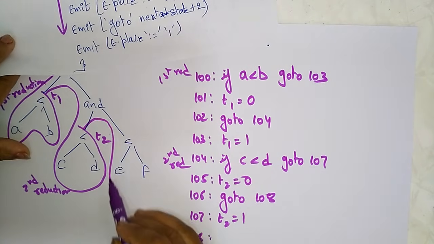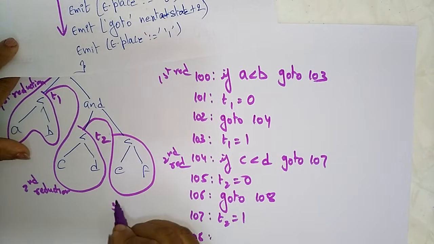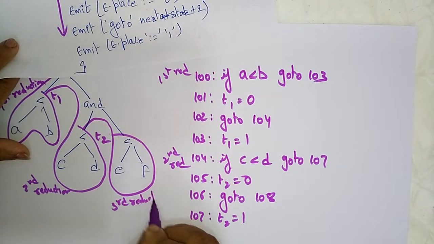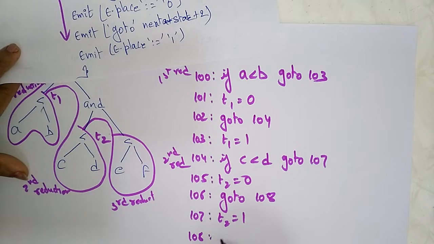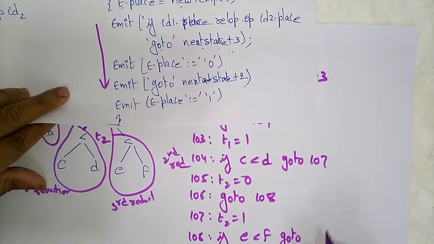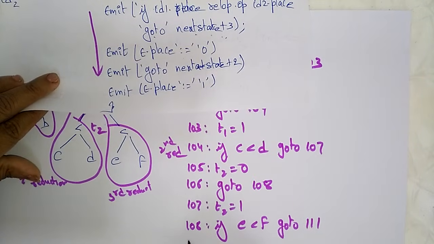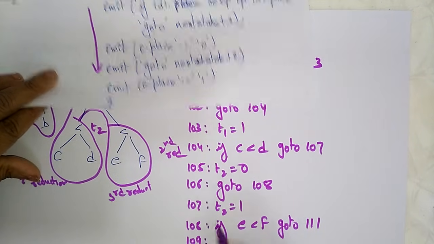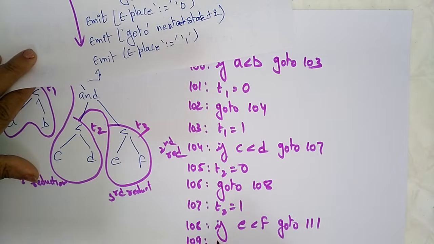Now coming to the third reduction. The third reduction is a relational operator, E less than F. If E is less than F, go to plus 3 according to 108, that is 111. 109: take the temporary variable T3.